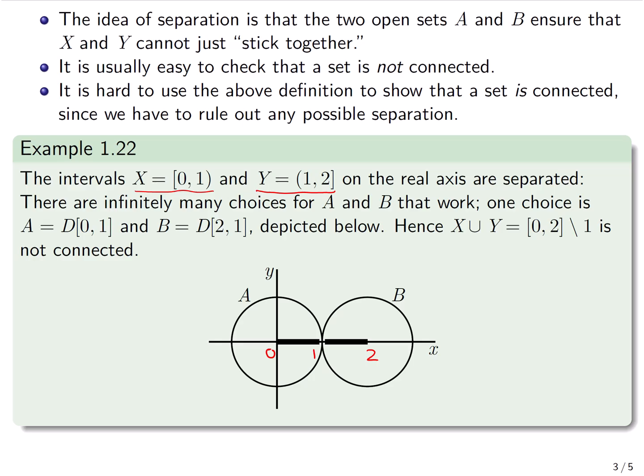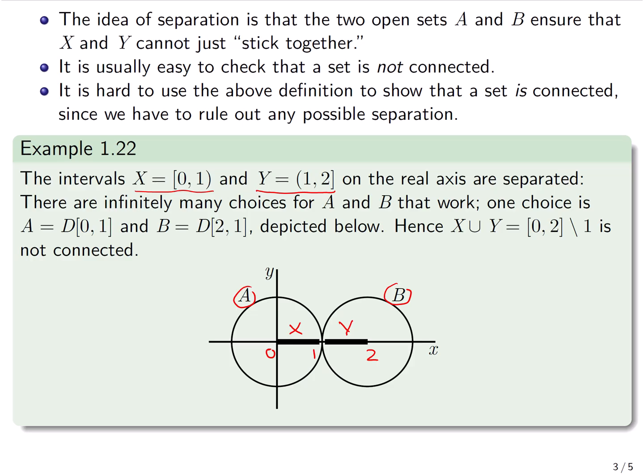You can find the open disk centered at 0 with radius 1 as A, and the open disk centered at 2 with radius 1 as B. Those two sets A and B separate the two sets, because A covers the first interval and B covers the second interval. It's clearly seen, so it's easy to use the definition to show something is separated rather than connected.